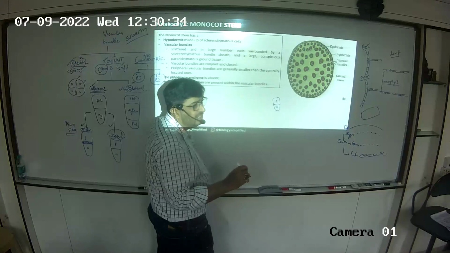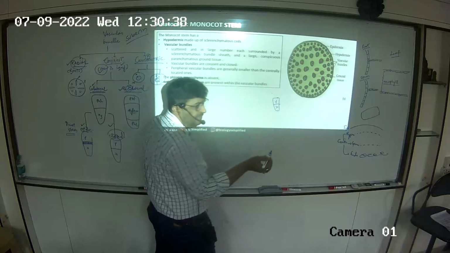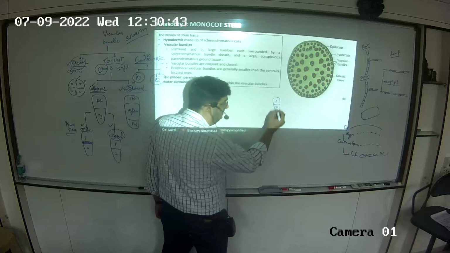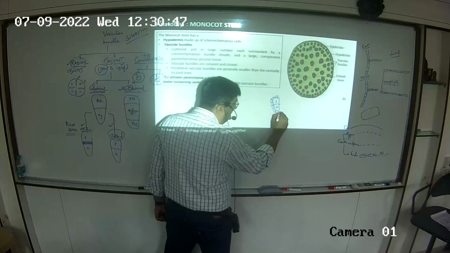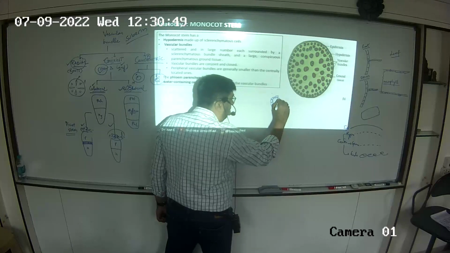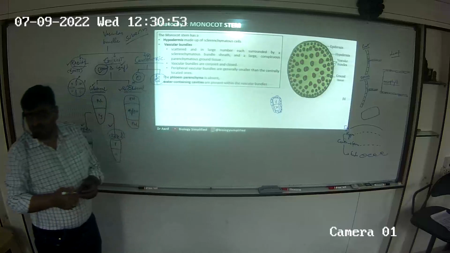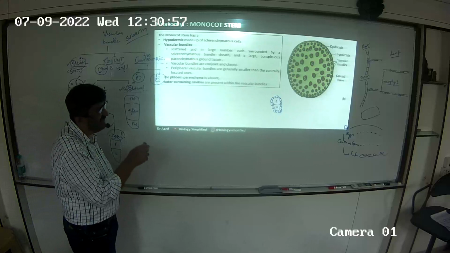Collateral हो जाएगा? हो जाएगा collateral. लेकिन बीच में cambium is absent, monocot है, bundle has to be closed, but each xylem phloem is having a covering of cells which is called bundle sheath. This bundle sheath here is made up of sclerenchyma.